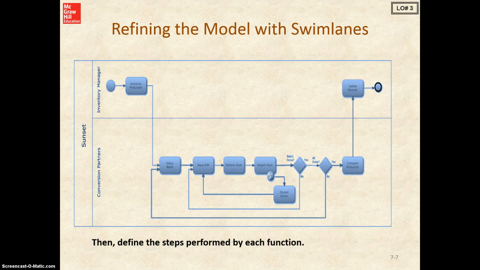Then, is the batch done? If yes, we move on. If not, we issue more raw materials and complete more work. If it is done, they ask if everything is done. If not, we set up a new batch. If yes, we complete production, and the inventory manager updates records. So we move that production into finished goods.